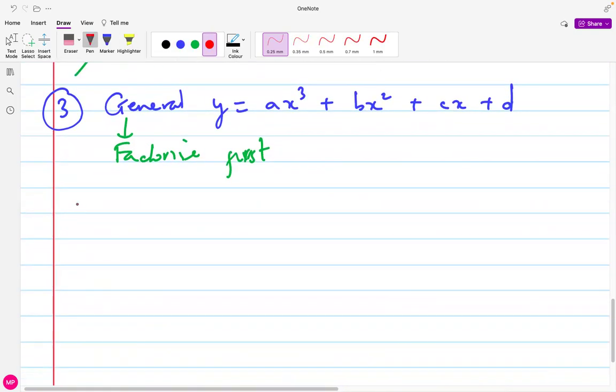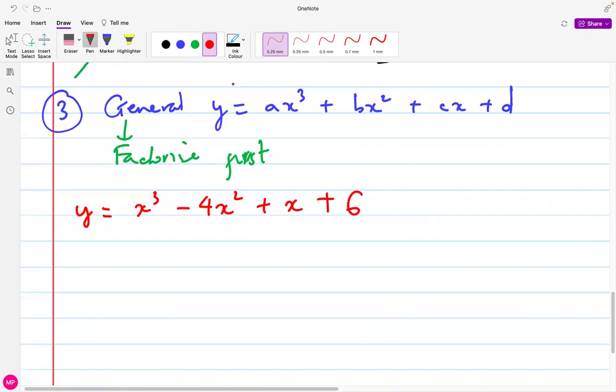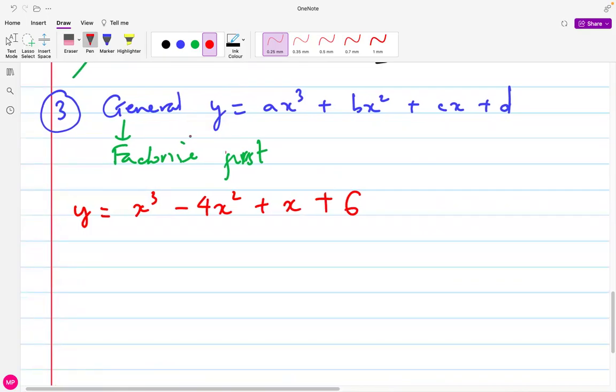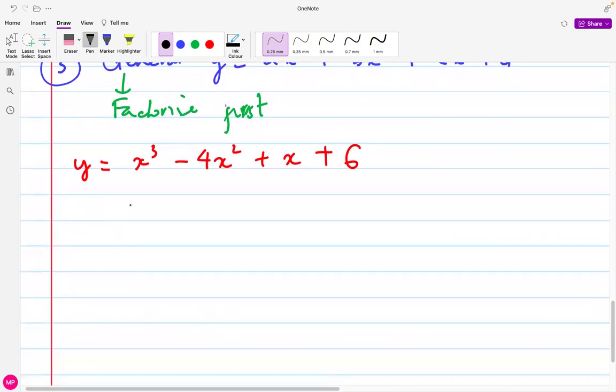So let's say I want to sketch y equals x cubed minus 4x squared plus x plus 6, something like that, right? Then my first step, I need to factorize. And if you forget, you can go back to the video of how to factorize cubics. So because I have a constant 6, my first step is I'm going to apply a factor of 6.